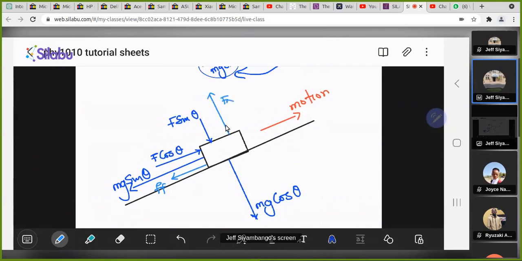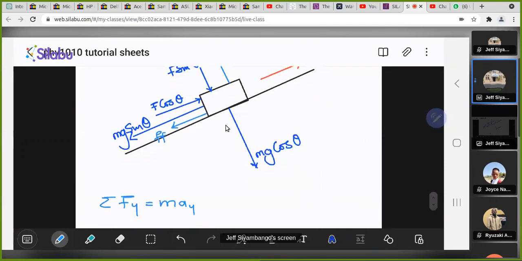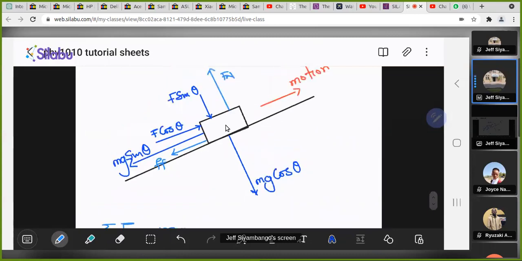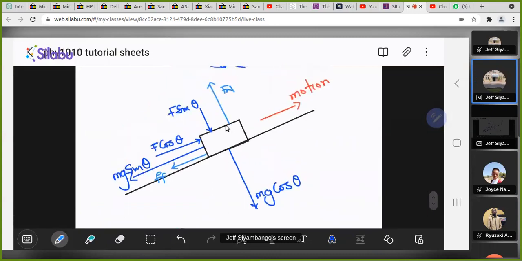And that is the normal force. That was the remaining force that I skipped out, but luckily I remembered before going very far. So in the y-axis, we now see three forces. A component of the force F going down, the reaction from the surface going up, and a piece of the weight going down. Let's take up to be positive.